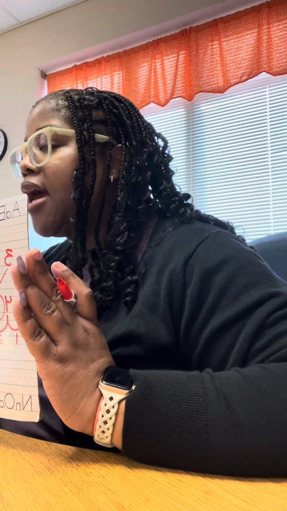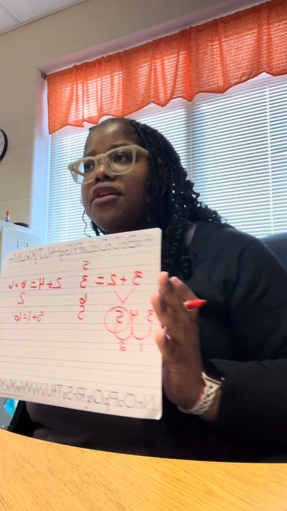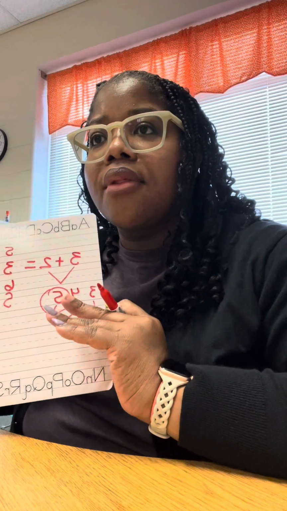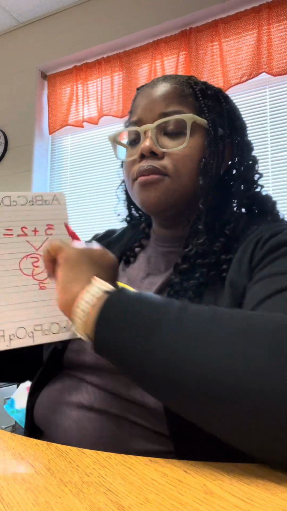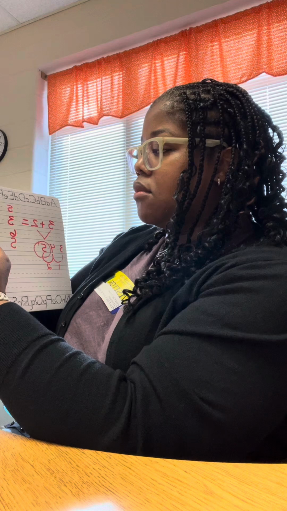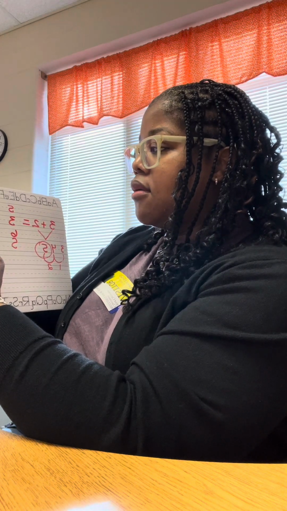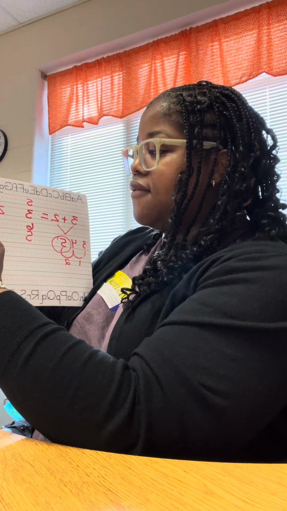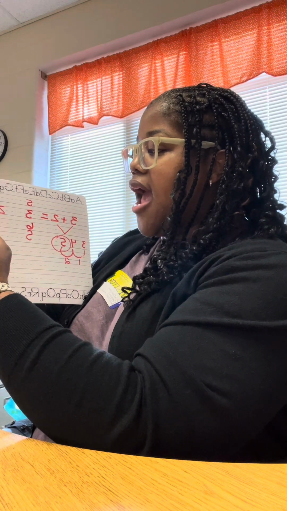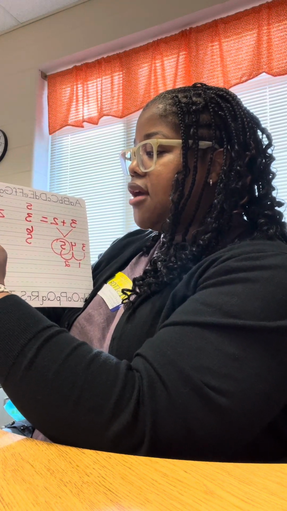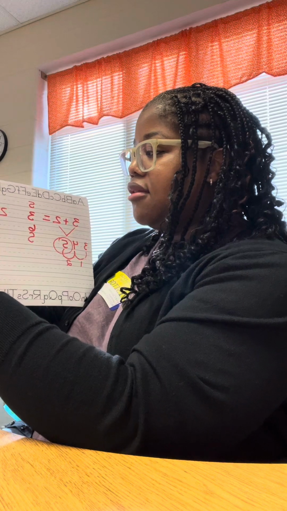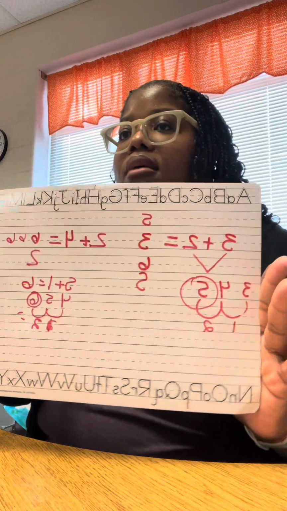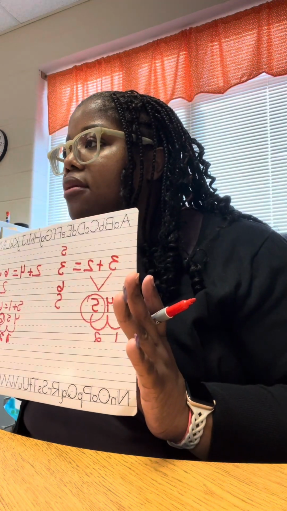Okay. Anybody else solve it a different way? Okay, what did you do? I put 4 and then you put 2, which is 5 and 6, and then our whole is 6. Okay, and so you counted 4, 5, 6. And then you knew you had to go up 2, so that's 1, 2 spots, and you got your 6. Malachi, do you understand how she figured that one out?